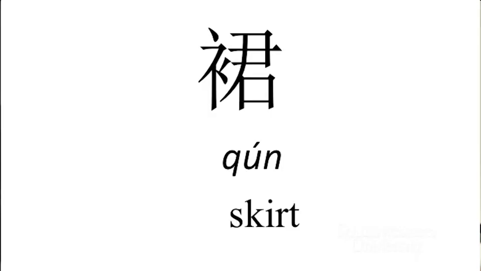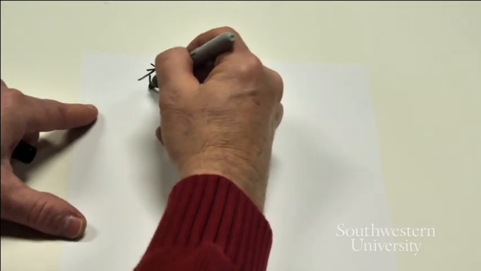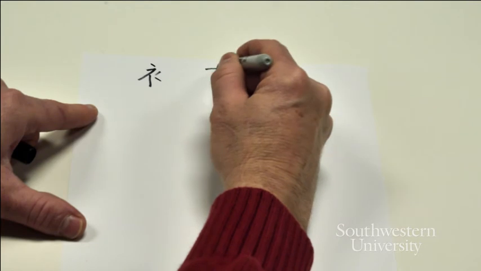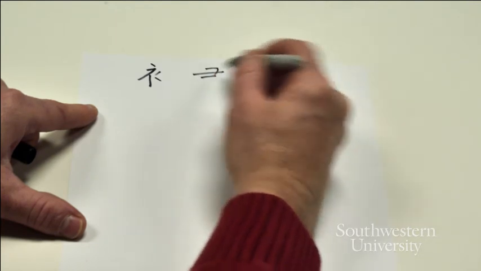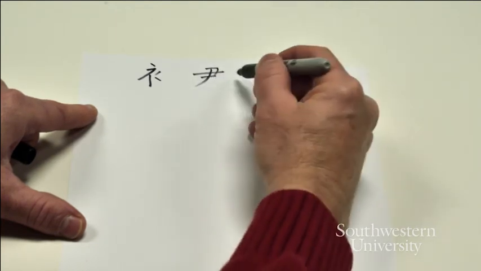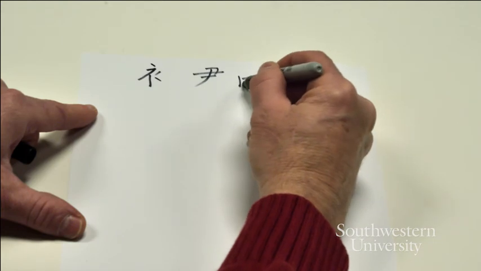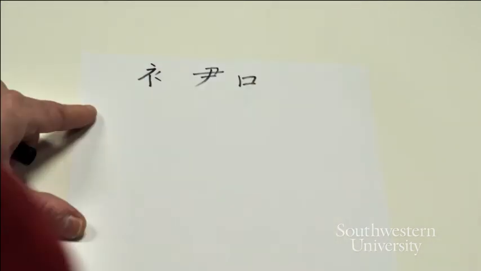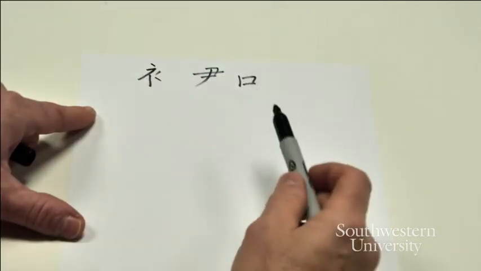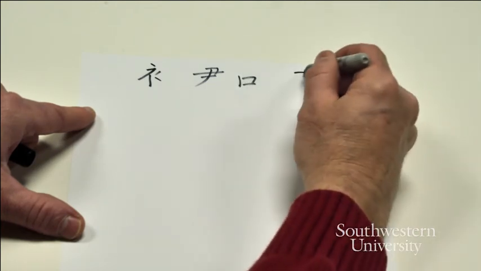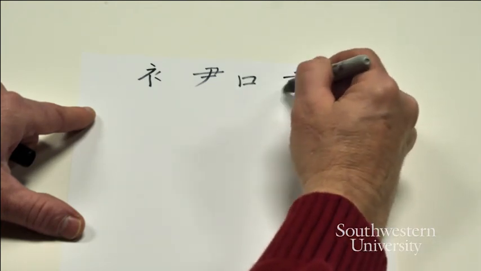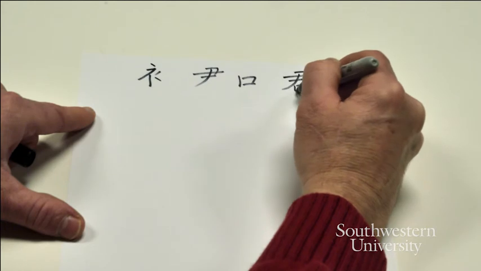The next character, qun, for skirt. We have the clothing radical again. The phonetic on this is jun, which is a depiction of a servant, and kou, a servant giving orders. So jun is a member of the aristocracy.